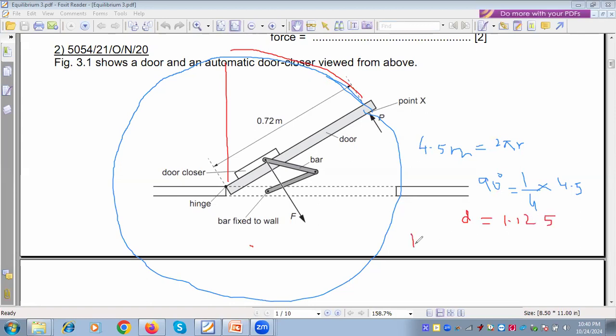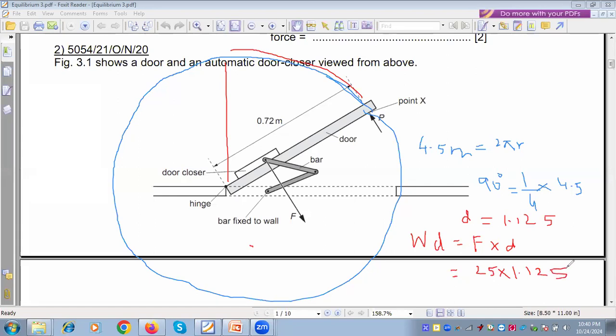So what is work done? Force into distance. F multiply by D is equal to 25 multiply 1.125.